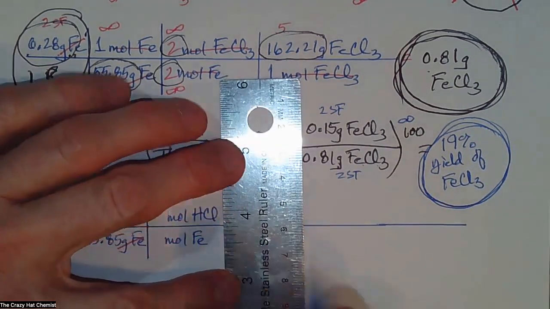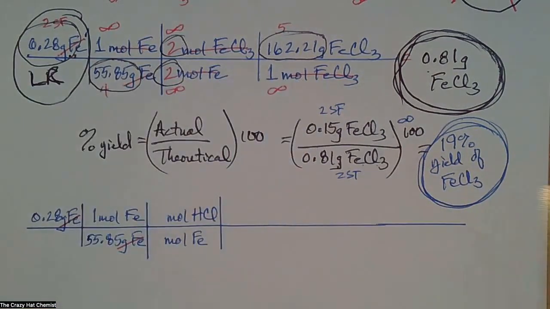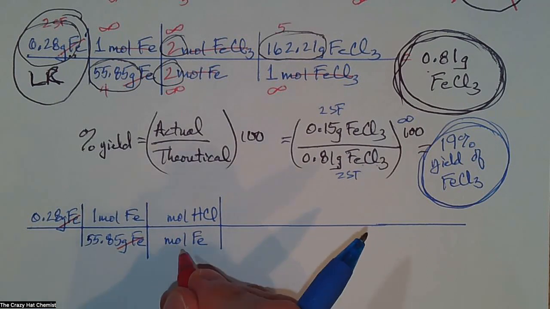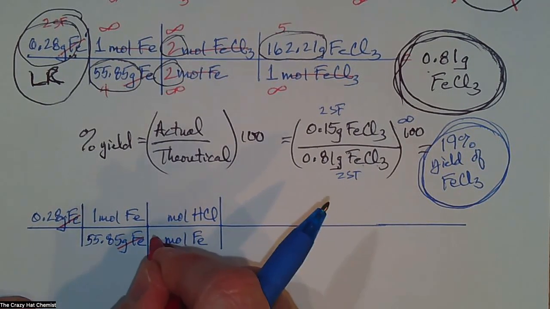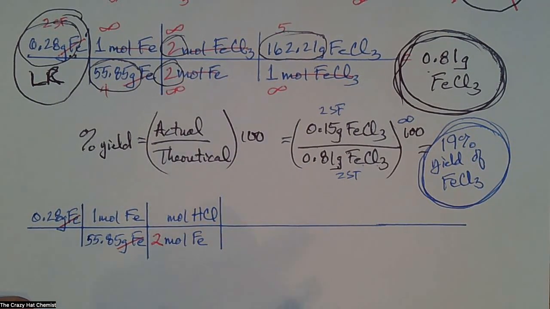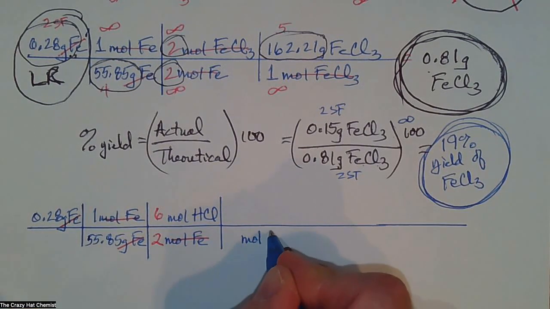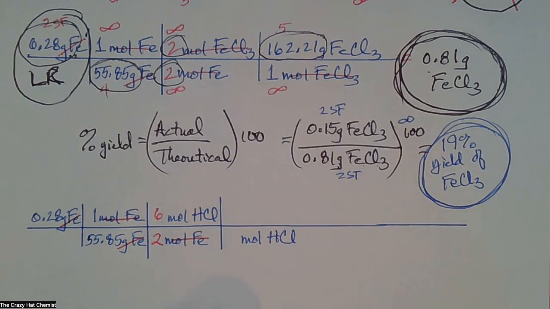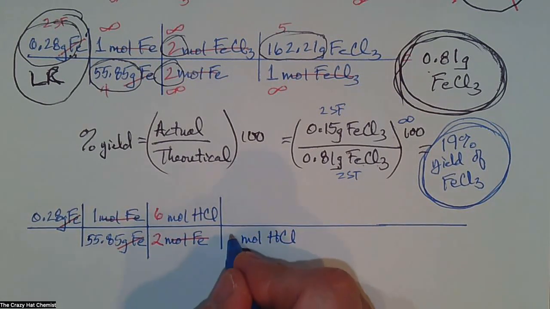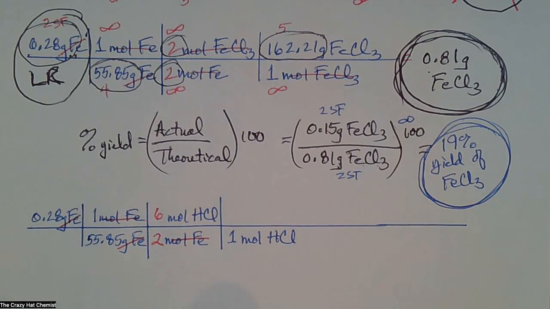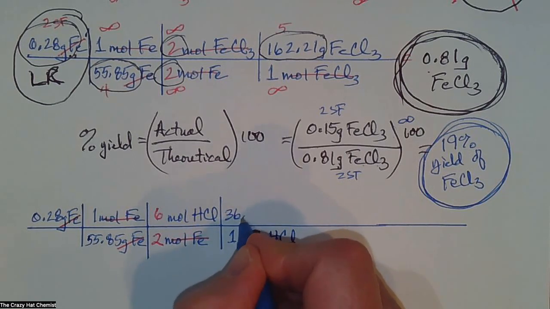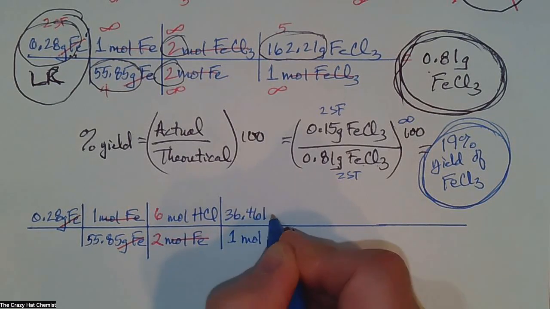And then I am going to use the stoichiometric coefficients from the balanced equation. So in front of the iron is a 2, and in front of the HCl is a 6, canceling out moles of Fe. Then here I will have moles of HCl, and I'm going to go to grams of HCl. So this is 1 mole of HCl and 36.461 grams.